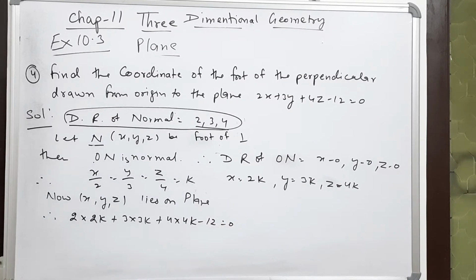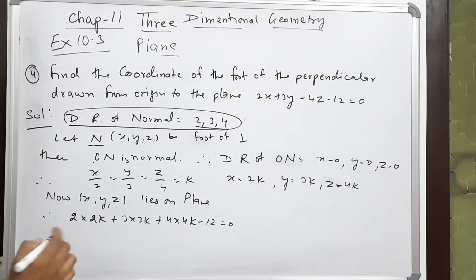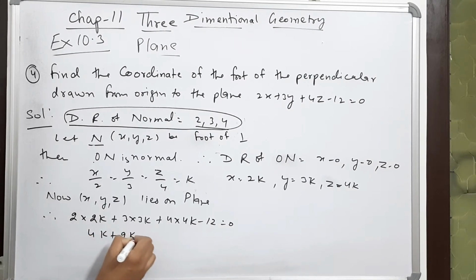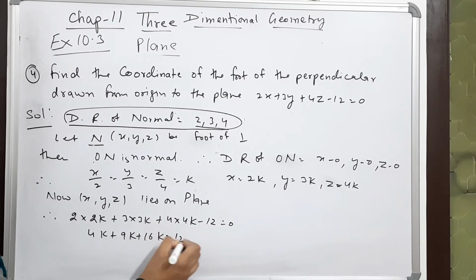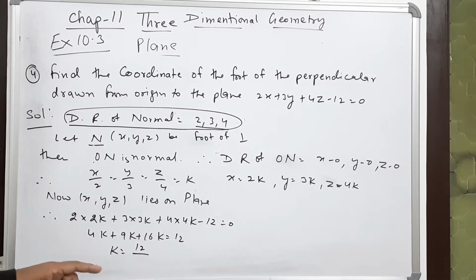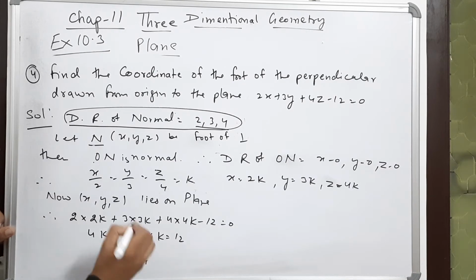Please see this part, this part is very important. So it is 4k, 9k and 16k equals 12. So the value of k, it is not required to write each and every small step, is 12 upon 29.